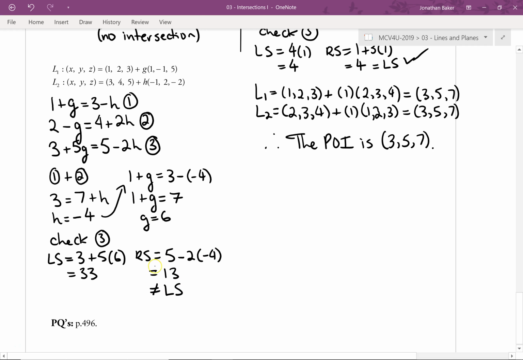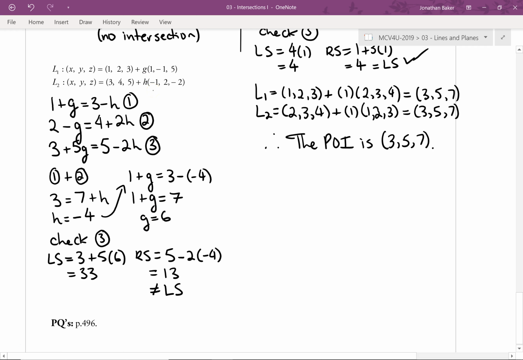Because h and g did not satisfy equation 3, this means that g and h are not consistent throughout the system. In other words, these parameters wouldn't yield us the same point if we use them in these lines.